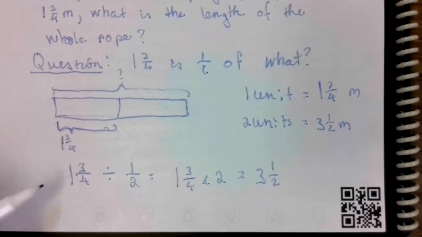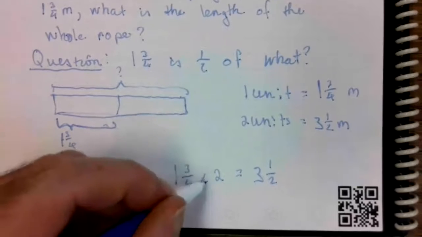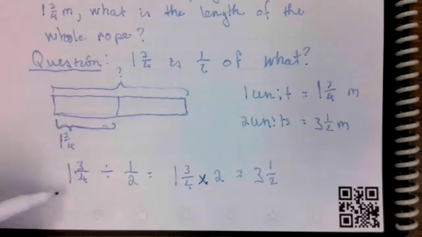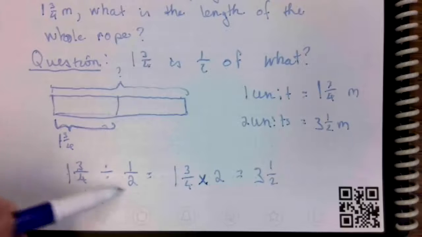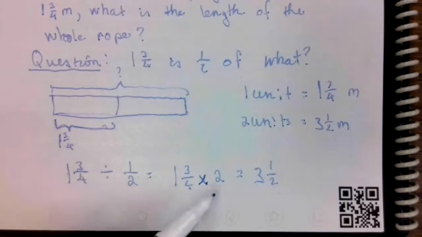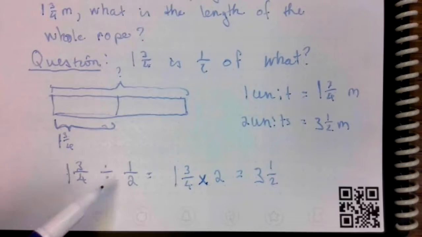Okay, so you can think of it as a division word problem. And it shows that when we're dividing by a half, that's equivalent to multiplying by 2. Okay, the invert and multiply rule.